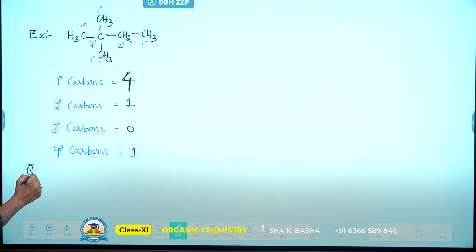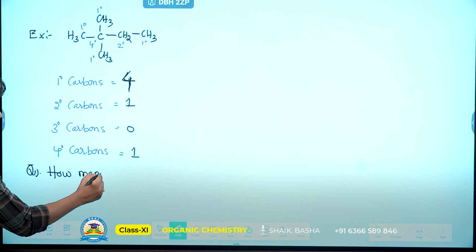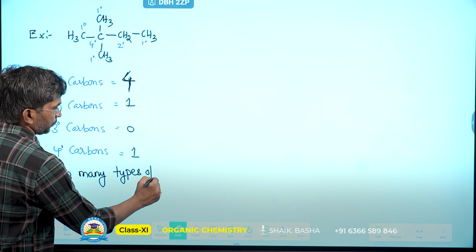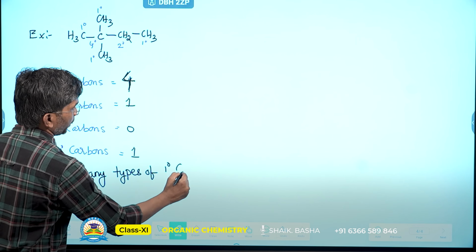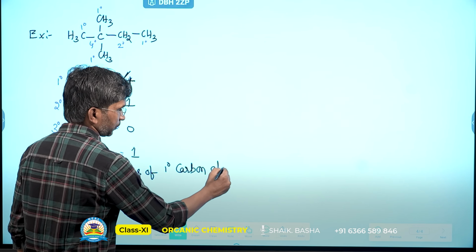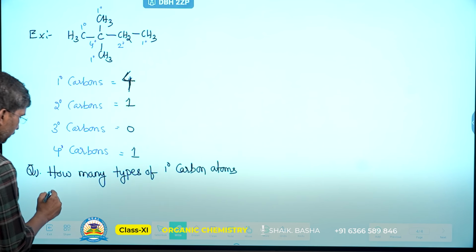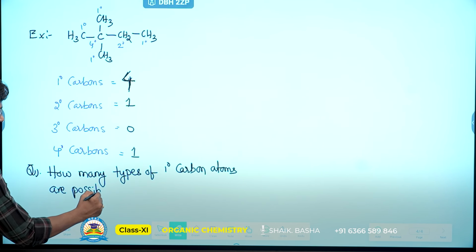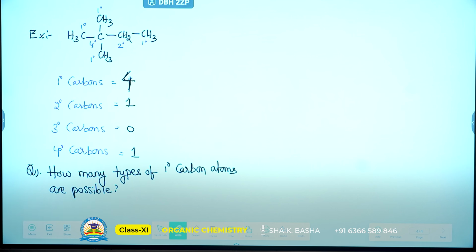Question number 1: how many types of primary carbon atoms are possible in the given above example?